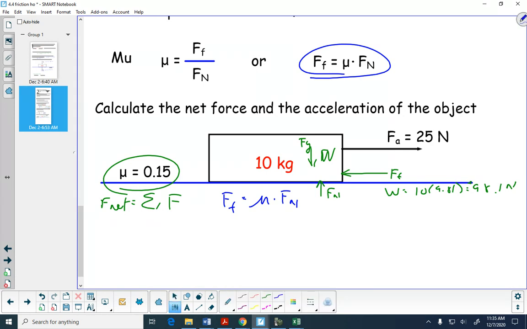My normal force is equal but opposite to that, so it is 98.1 newtons going upwards. Our force of friction is calculated by mu times the normal force, so we have 0.15 times 98.1 newtons.